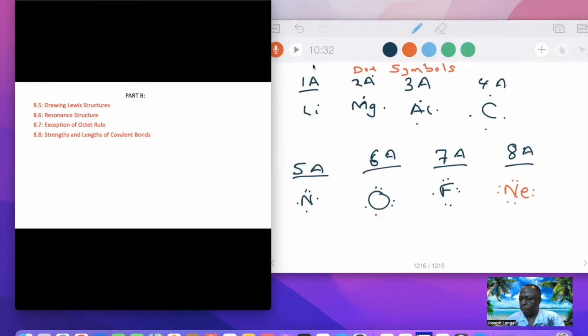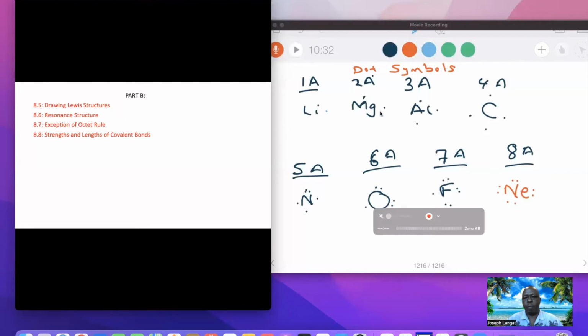For all group 1A, what we know so far is that they have one dot next to the chemical symbol. This is the Lewis dot symbol for main group elements. Group 2A, they have two dots. Group 3A, 4A, 5A, 6A, all the way to 8A.